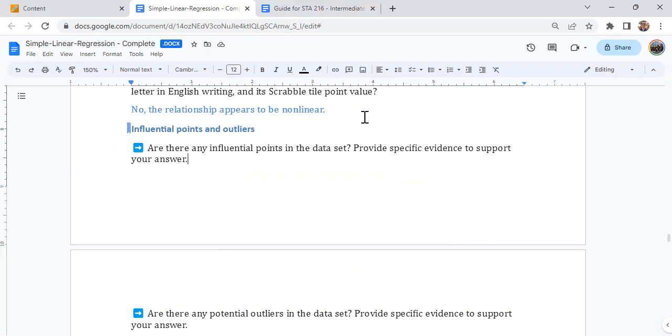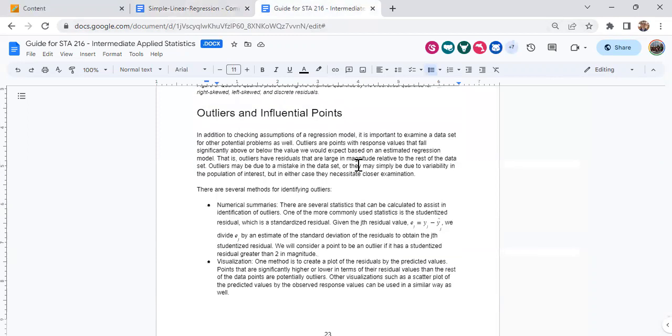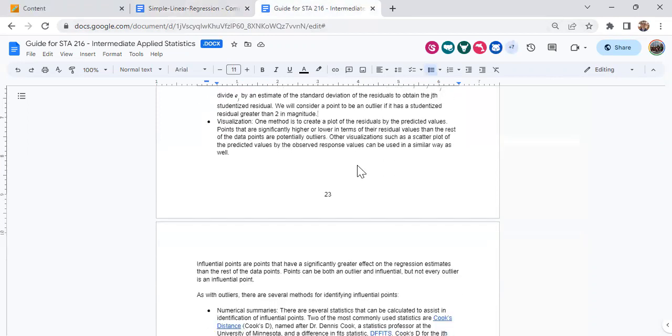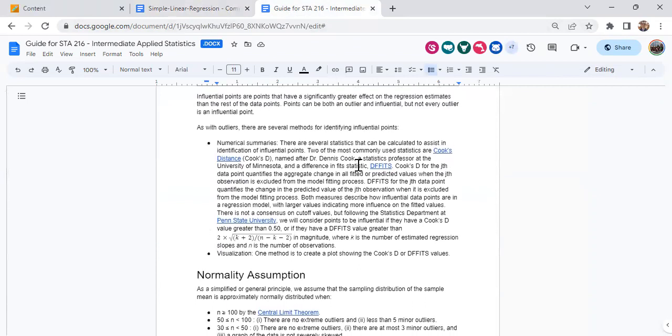But influential points are data points that have a significant effect on our regression estimates. So the outliers affect our p-values and our confidence intervals. Influential points have a lot of pull or leverage on the regression line itself, which is why I think it's much more problematic, because it affects all of your predicted values significantly.